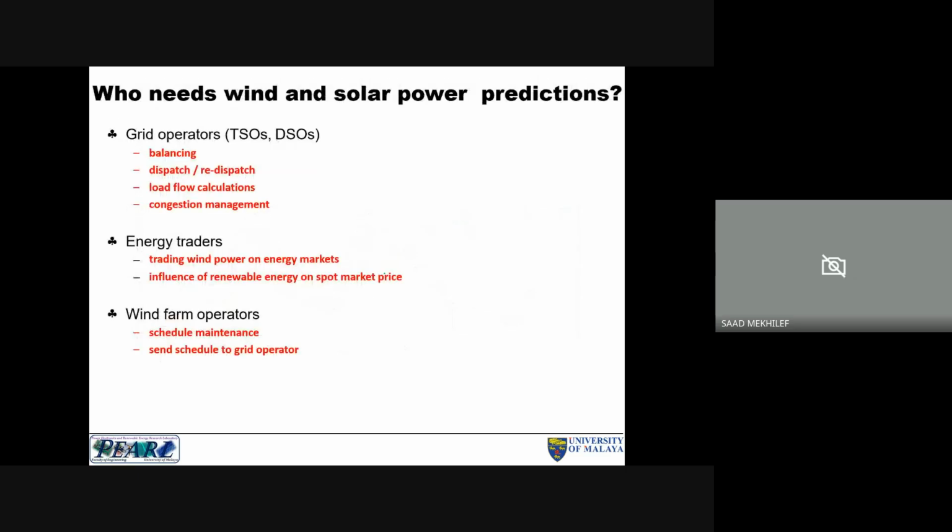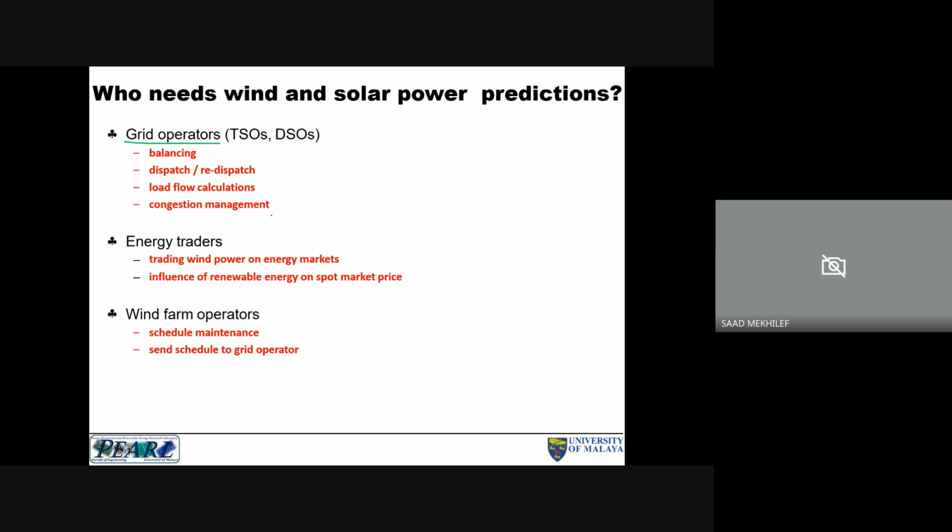So why are these power predictions needed, and who needs them? I think the most important are the grid operators, either at transmission or at distribution. It helps them with balancing between the different sources, dispatch and redispatch, load flow calculations, and congestion management.